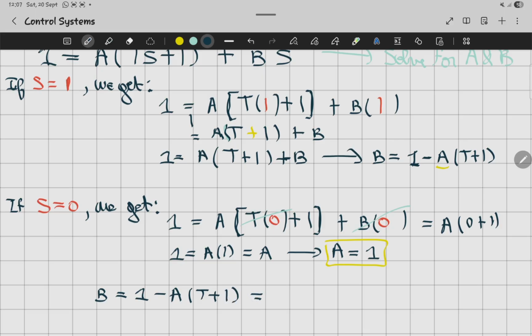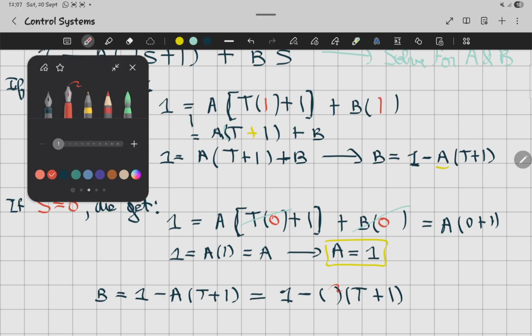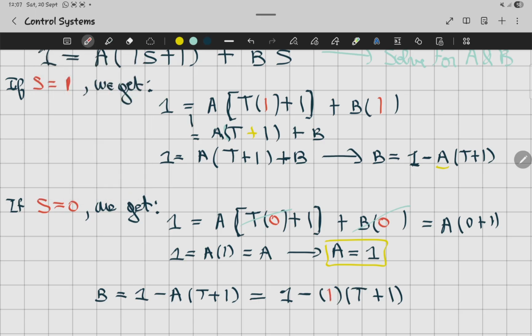So b equal to 1 minus 1 times (t plus 1), and this is what you're gonna get here.